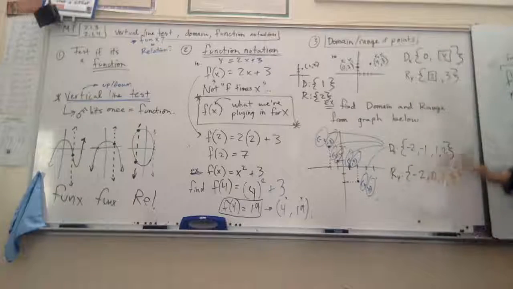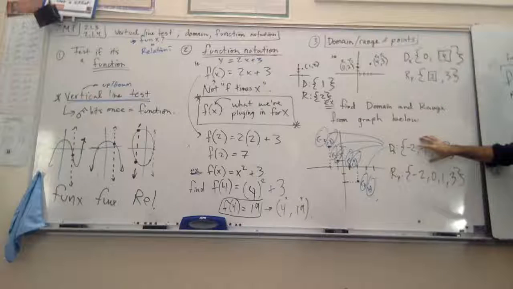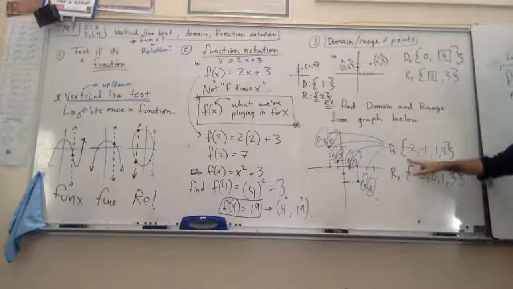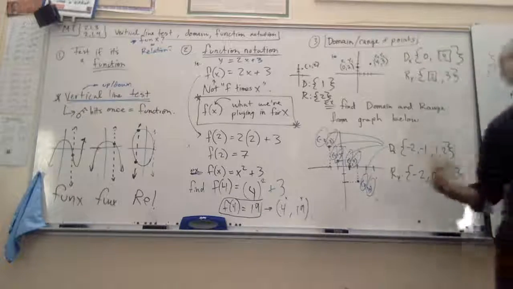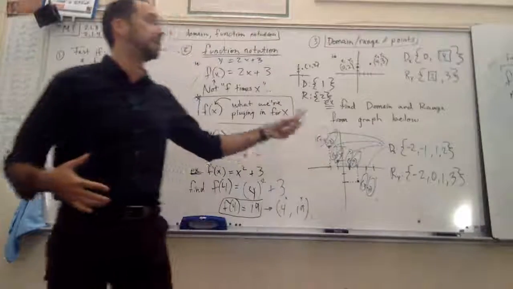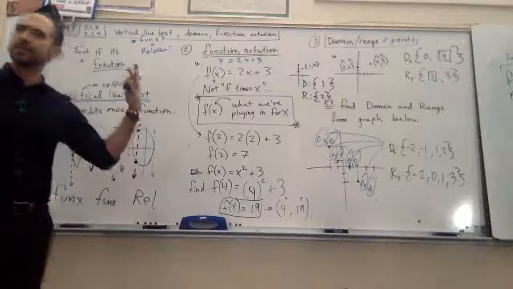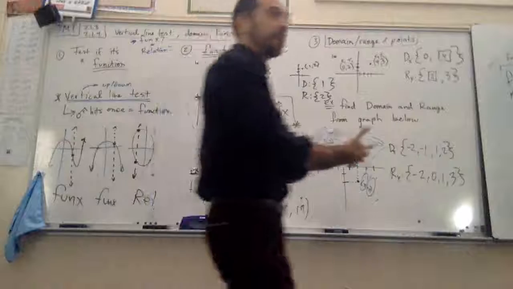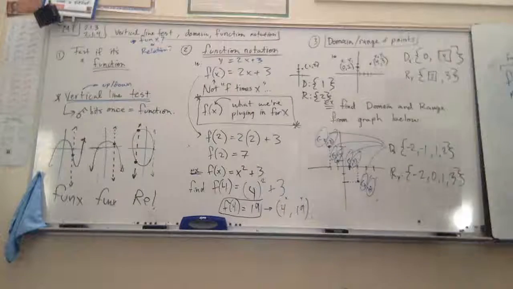It's just saying what x values are included. If I wanted the most basic list of what's included, it's easier for me to see it if it's least to greatest, so you could see what's not included easier. If those were jumbled around, like 1, -2, 2, -1, it's a less organized list of what x values are involved. We're going for what x values are involved. That's a really good question.